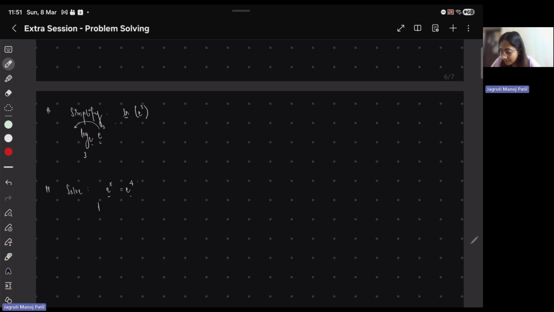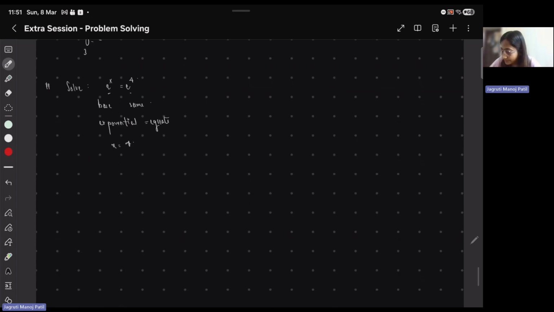So in this case, our bases are the same, so we can equate the exponents to each other. So x equals 4. That's it.